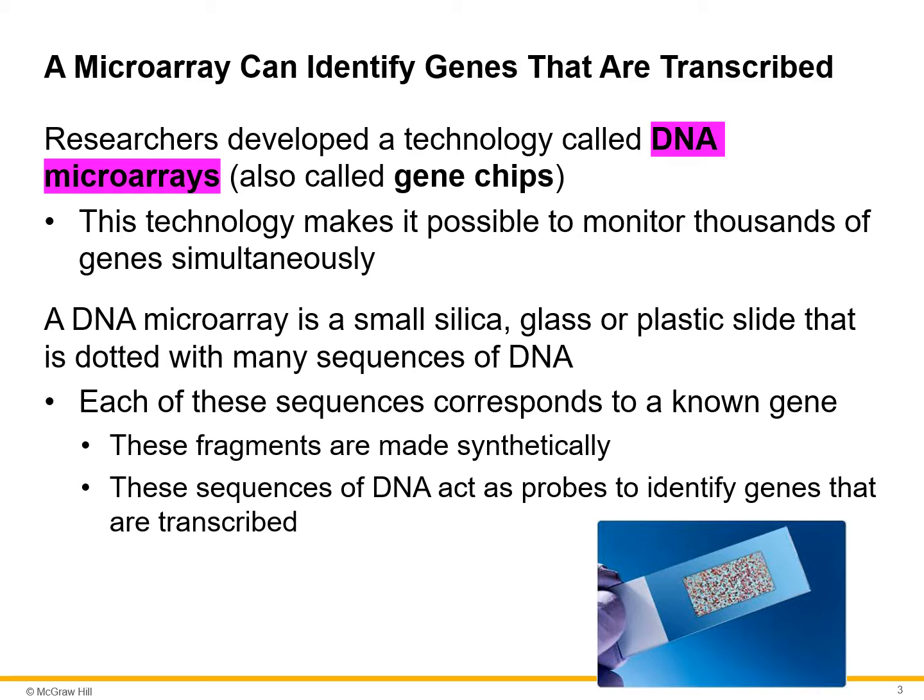One very useful tool that has been developed is called DNA microarrays, which are also called gene chips. A microarray is about the size of a microscope slide, and they might be made of glass, some of them are plastic. I don't know how well you can see there, but they have thousands of tiny spots on them.